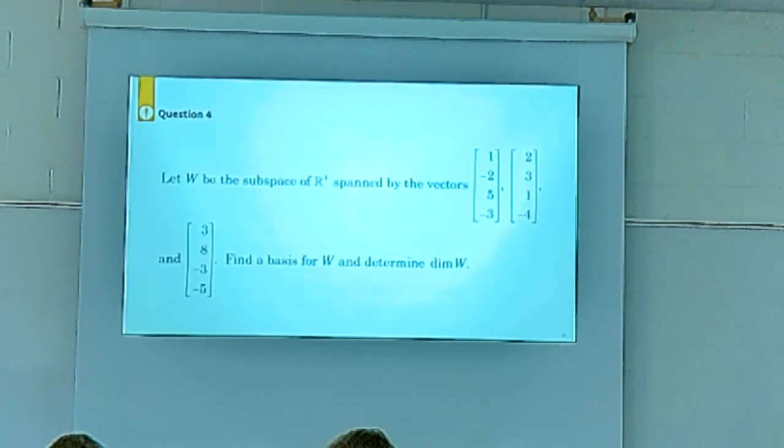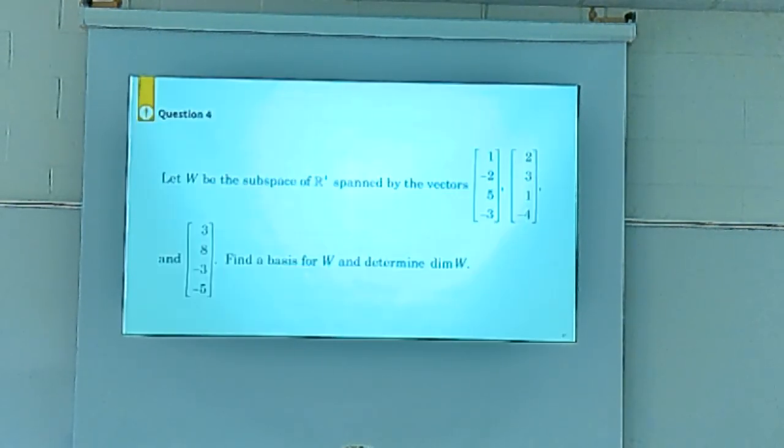Let W be the subspace of R4 spanned by those 3 vectors. We want to find a basis for W and determine its dimension. What is the largest number of vectors a basis for W can contain? 3.